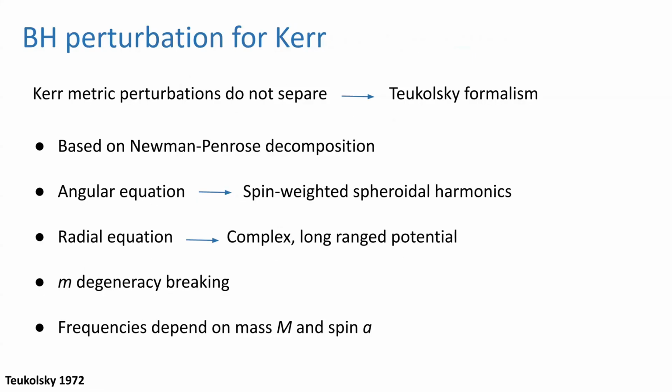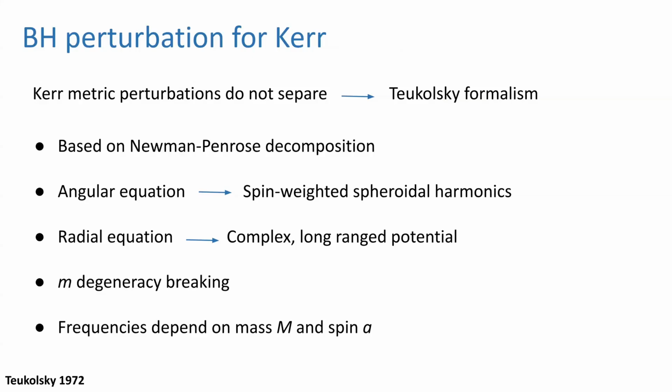Okay, this is cool. When we add rotation, stuff is a little bit more complicated because there is no direct way to do it through perturbations of the metric. So in 1972, Teukolsky found this cool way of using the Newman-Penrose formalism with a tetrad decomposition of the spacetime.